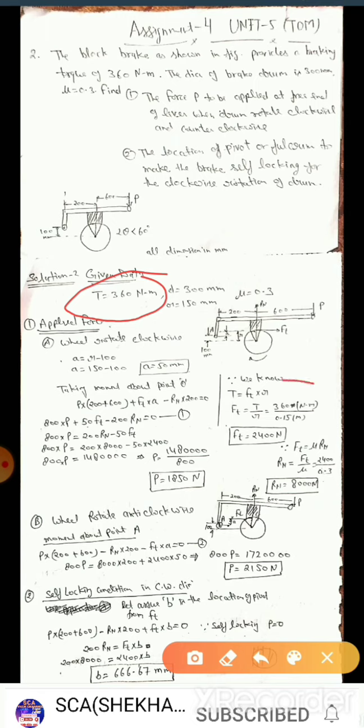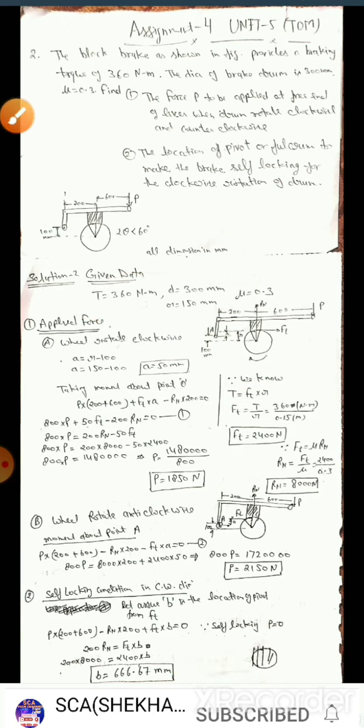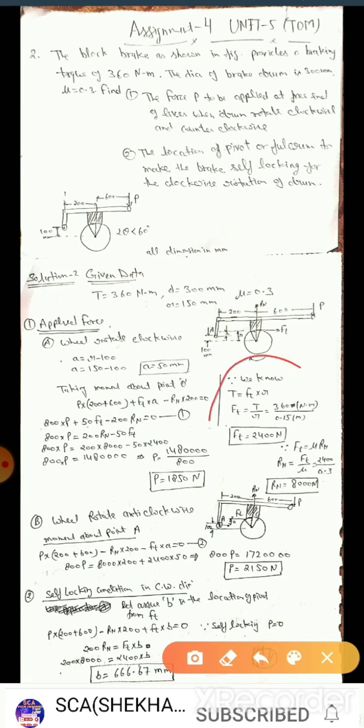So braking torque is Ft into R. We also know R is equal to 150 mm and T is equal to 360 Newton meter. So here we calculate Ft by using this relationship, and Ft is calculated as 2400 Newton.